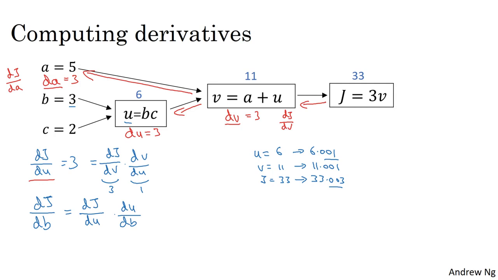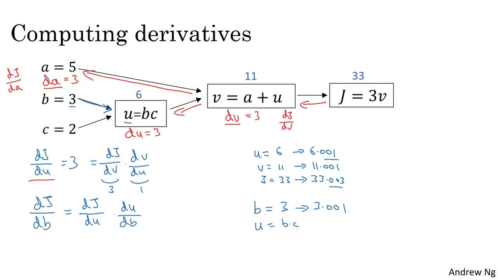And the reasoning is, if you change b a little bit, so b goes from 3 to say 3.001, the way it will affect j is it will first affect u. So how much does it affect u? Well, u is defined as b times c.